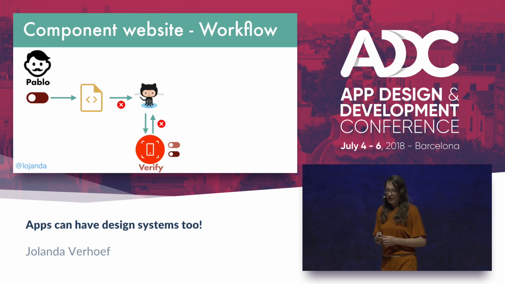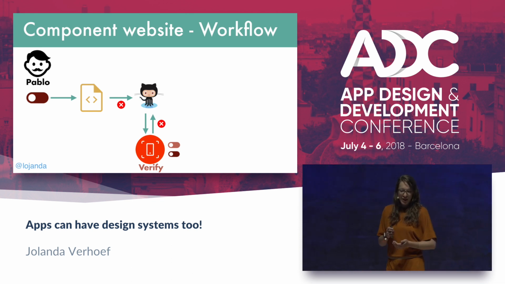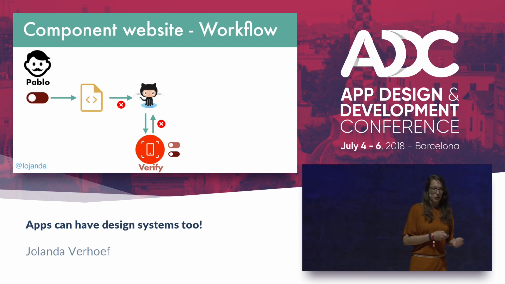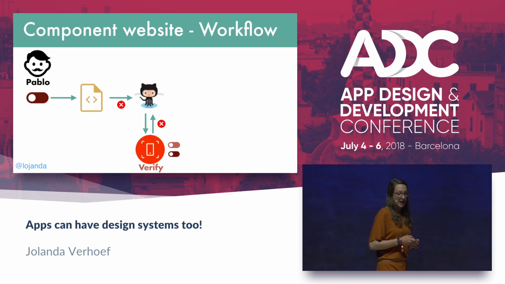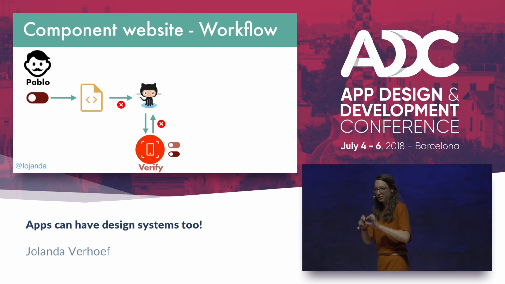So how would that look in the workflow? Let's imagine we have an Android developer called Pablo, and Pablo just implemented that new toggle that we just discussed. So he wrote the code, and he wrote the tests that will make the screenshots. So what happens is, even when he's working on it, he will record the screenshots, and there will be a very nice screenshot of just that toggle.